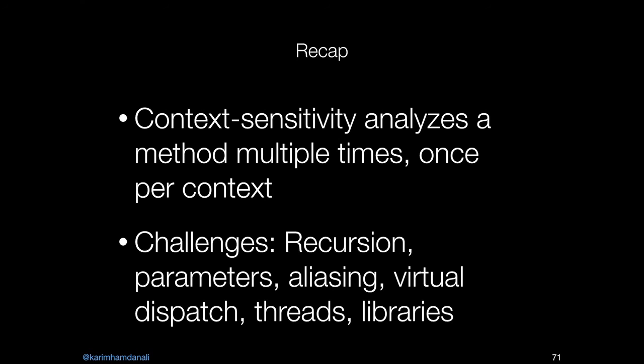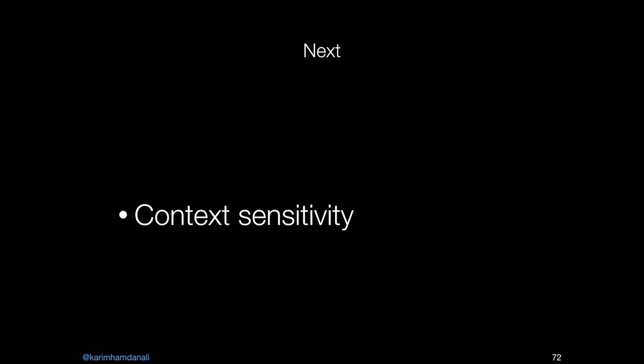And we're going to see later in the course, as in next week, how we are going to leverage that into having a more precise analysis. Challenges that face this are recursion, how we handle parameters, how we handle aliasing, how we can properly handle virtual dispatch, threading and multi-threaded executions, and also library dependencies. That's all I had for you today.